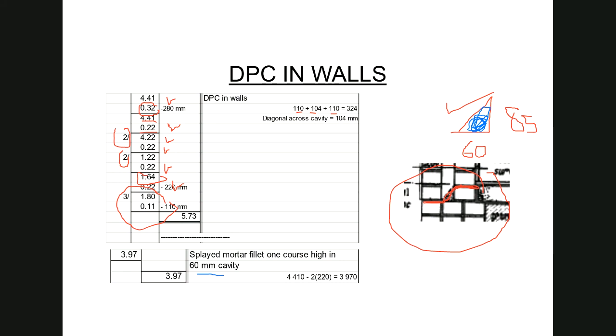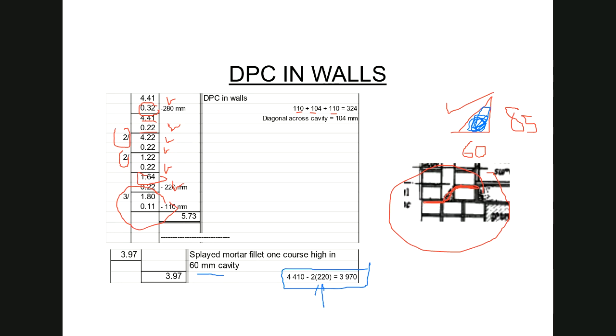And when we are dealing with the cavity wall that I will do in the next slide, I want you to pay attention to how I have dealt with the closing of the cavities. So this 3.97 over here is the full length of the cavity wall minus the closings on the side.